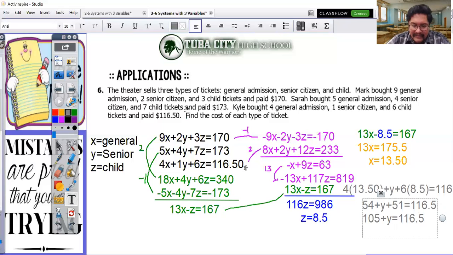I'm not dividing, because if I divided, that'd be like $1 a ticket pretty much. In this case, we got 11.50, so y equals 11.50. And just from what you know, sometimes you go to a buffet, or in this case a movie theater, and they almost always have different prices for different people, for seniors and children and all that stuff.